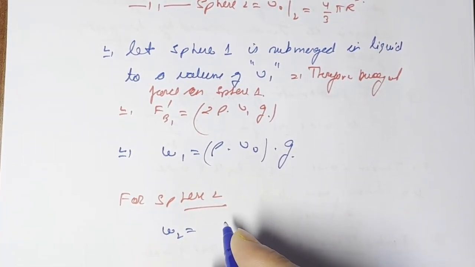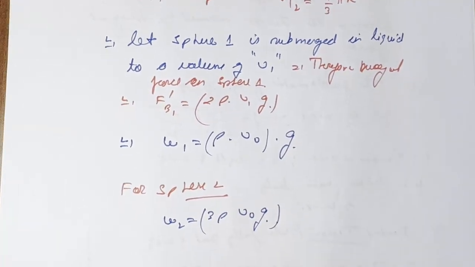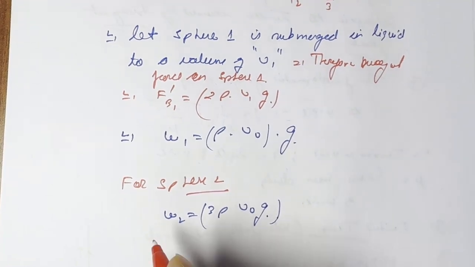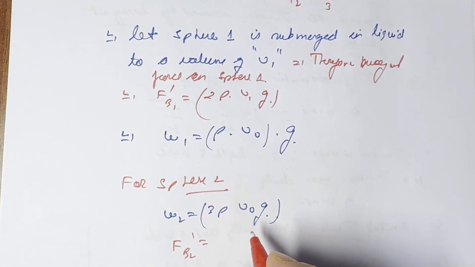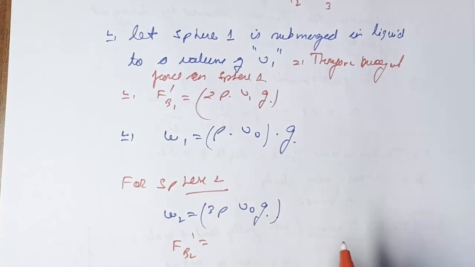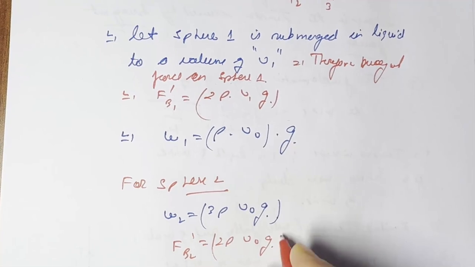W2 will be equal to, density being 3 rho, 3 rho V0 multiplied by g, and the buoyant force FB2, which we calculated, is 2 rho V0 multiplied by g.